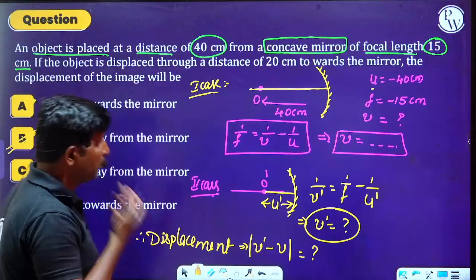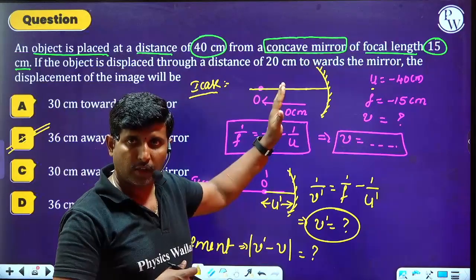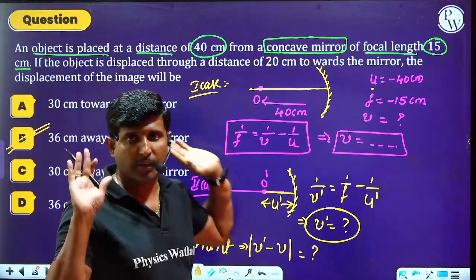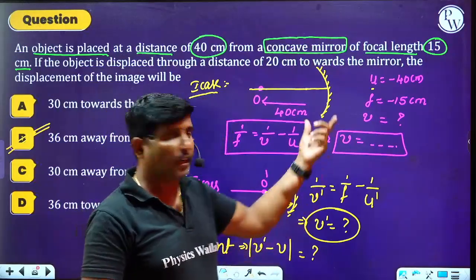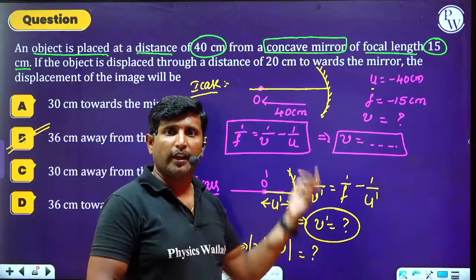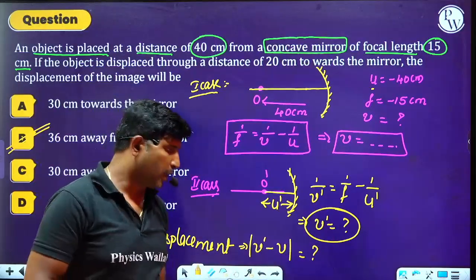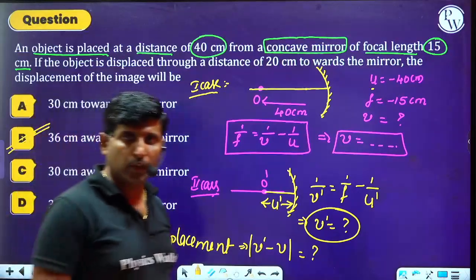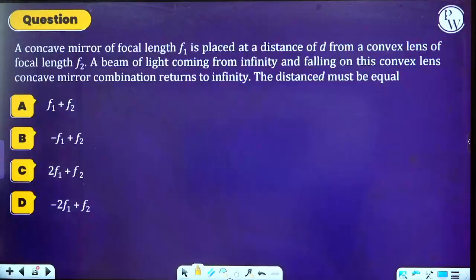That is the basic idea we have to keep: as the object moves towards the mirror, the image will move away from the mirror. That is the logic we have to keep in our mind. So just take the difference between these two cases, v and v dash, then you will get the displacement of the image. I hope you can do it. Move on to the next question. What are they saying to us?